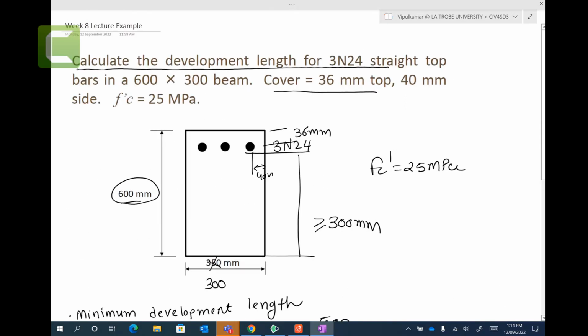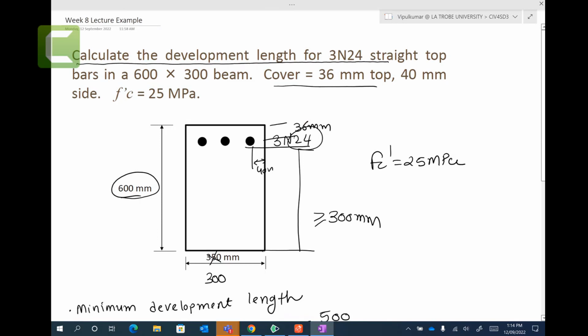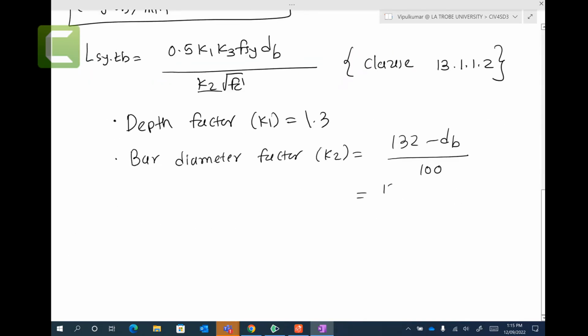What is our tensile bar? It is 24, right? So let's plug the 24 millimeters in there: 132 minus 24 over 100. So you get 1.08 for K2.